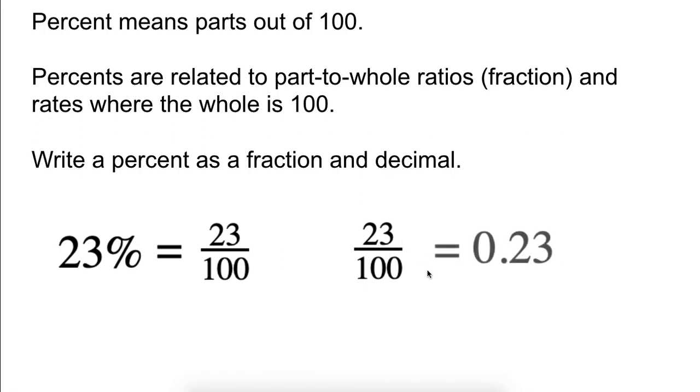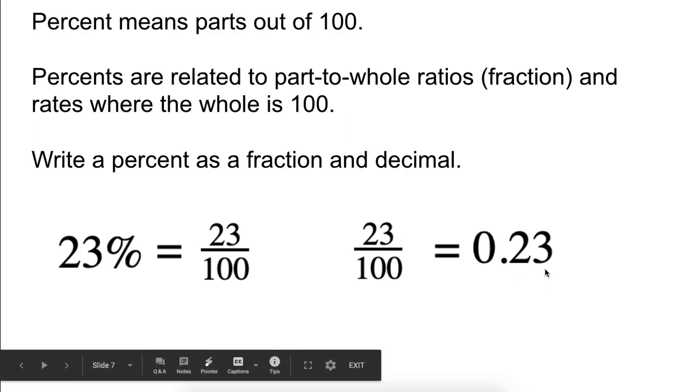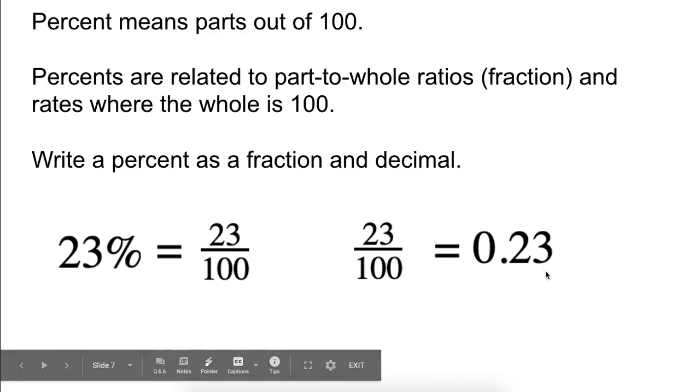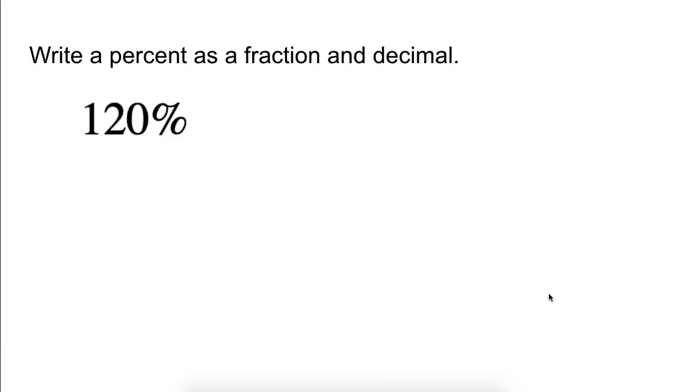The 3 has to be in the hundredths place. That's going to be important, making sure you understand this connection between the percent and the hundredths place in dealing with decimals and percents. All right, let's look at another one.